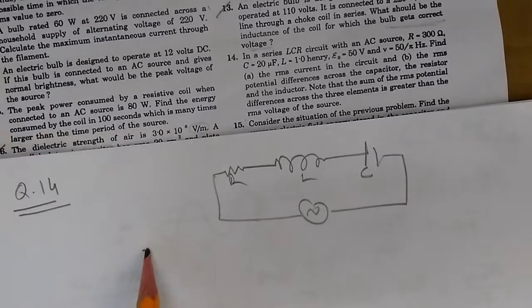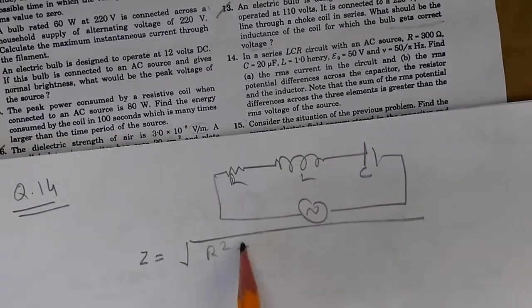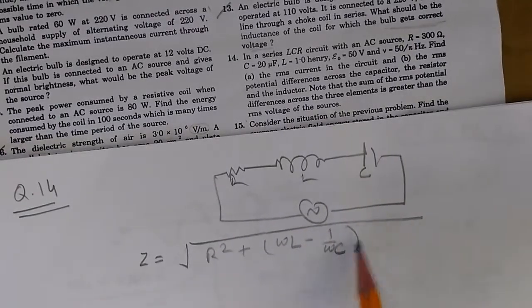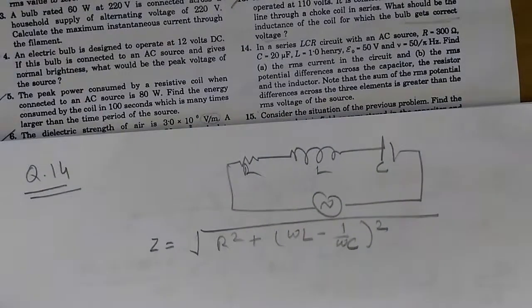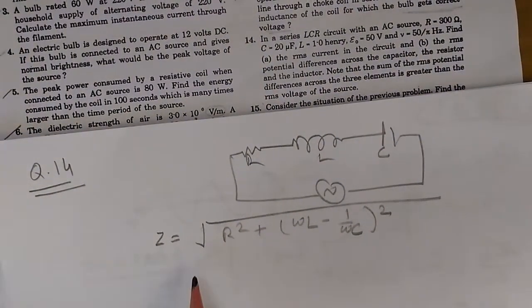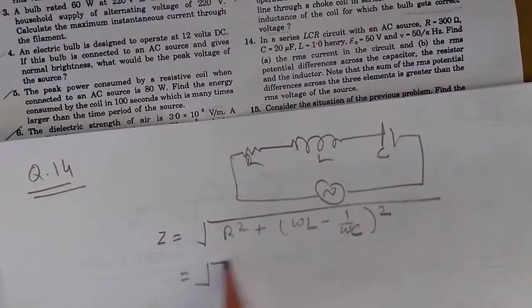The impedance of this circuit Z will be the square root of R square plus (omega L minus 1 upon omega C) whole square. That is the impedance of this circuit. Now if we find the impedance, we can find the current flowing through it.